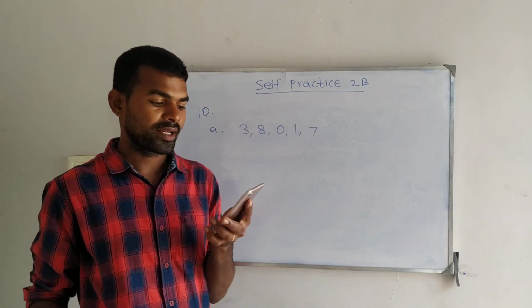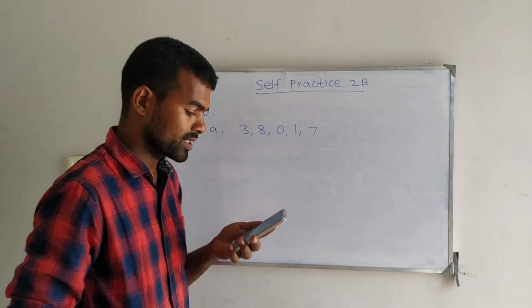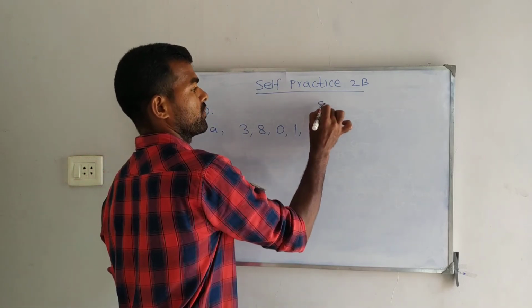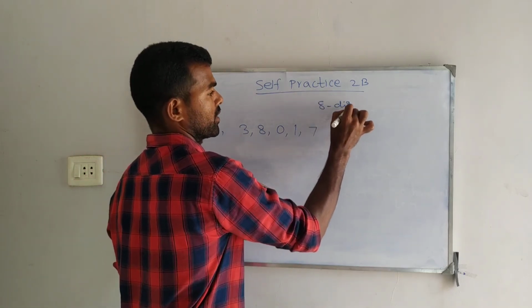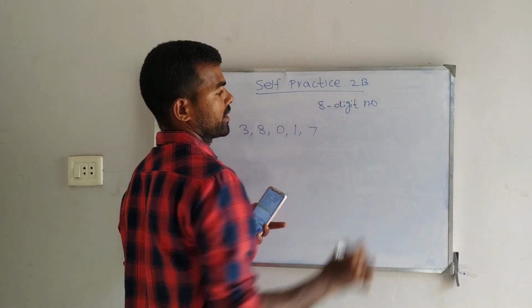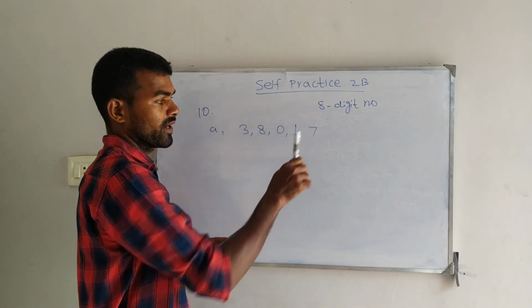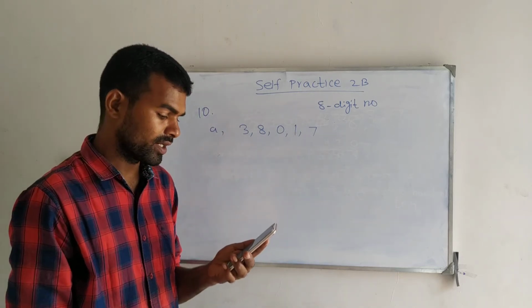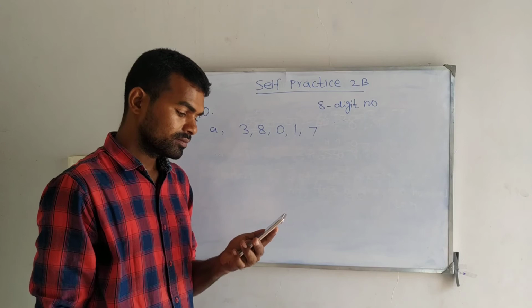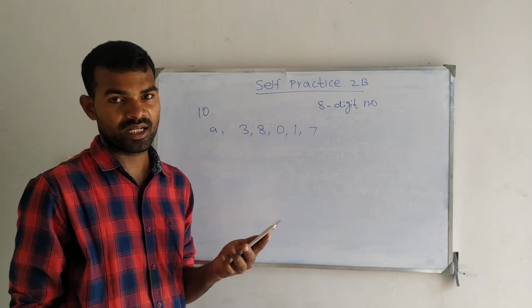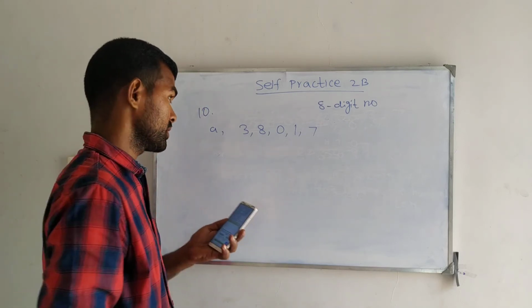You have to form an 8-digit number, but how many digits are given? Just 5 digits only. You have to form both the smallest and greatest number using 8 digits.